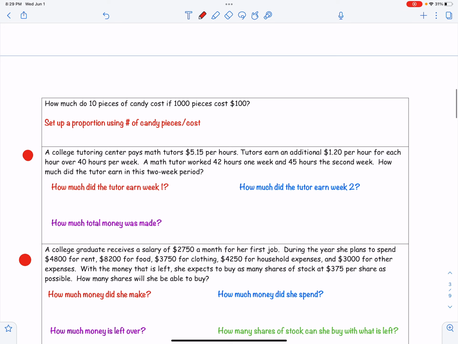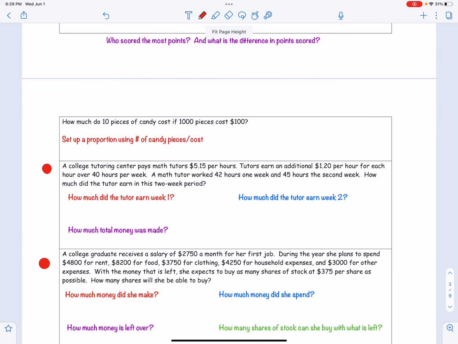All right, then you've got one where a proportion can be used. We talked about that in the previous section because you're looking at a relationship between the number of pieces and the cost. So if I look at a proportion, I'm going to look at the number of candy pieces.